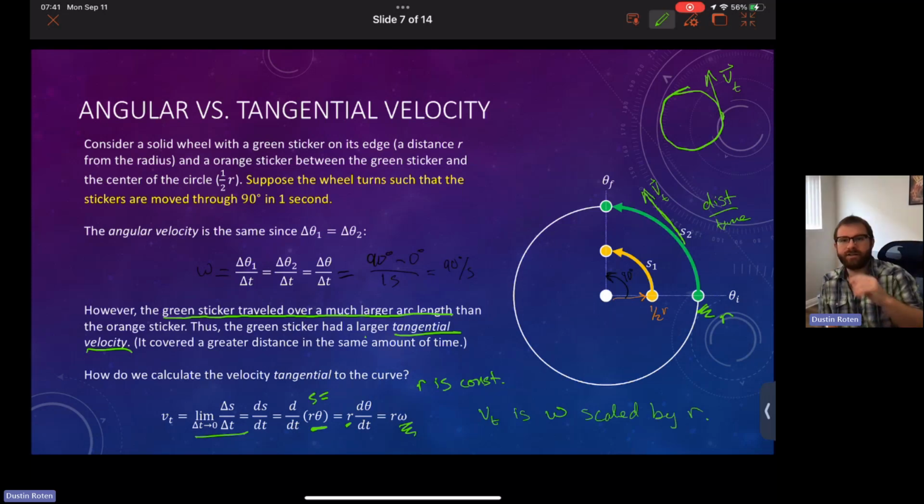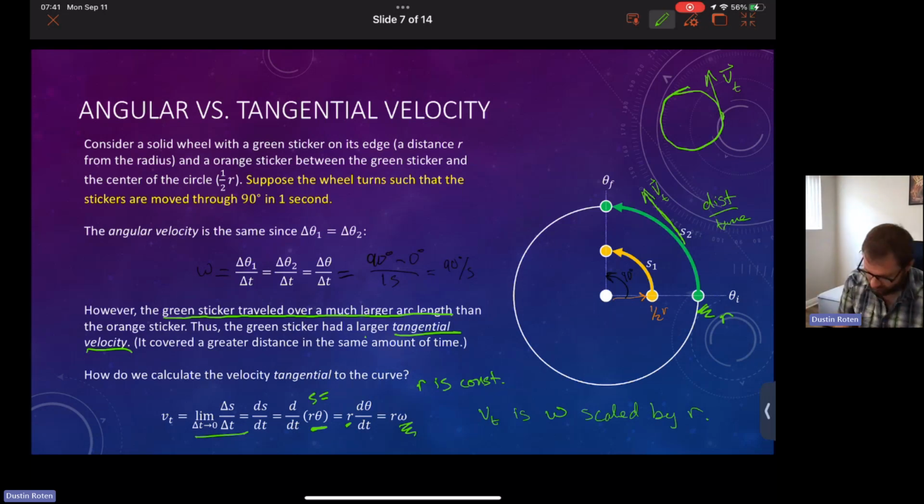So all this is saying is you're going to take your angular velocity, and then if your particle's really far away, like on a big circle of radius 10 meters, you're just going to scale your angular velocity by its distance from the center of the circle. Or if your particle is really close to the center of the circle and your radius is small, you're going to take that angular velocity and scale it down.